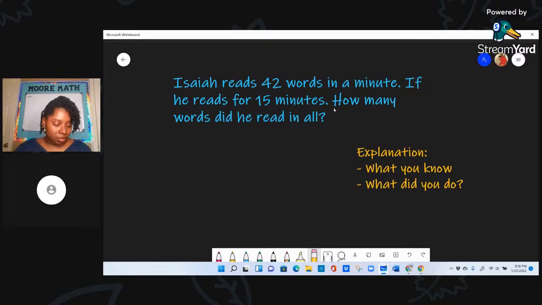It's going to take you longer than a minute to solve. For 42 minus 15.